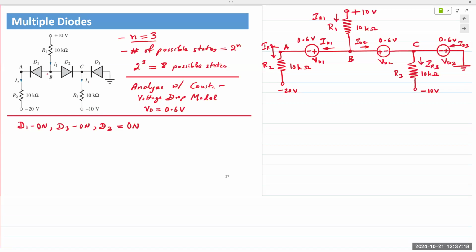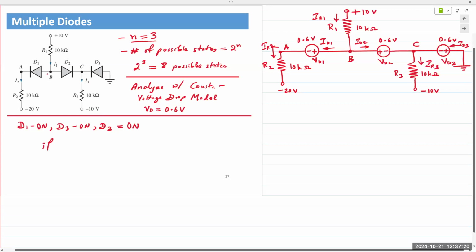From our analyses, if diode voltages are negative, then our analysis is wrong. For our analysis to be correct, diode currents need to be greater than 0.